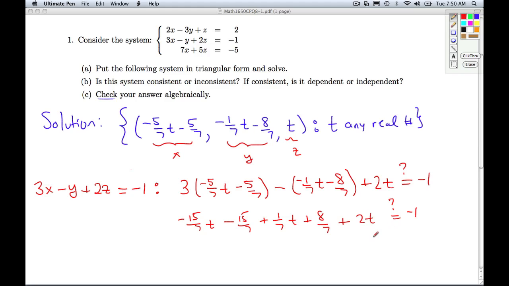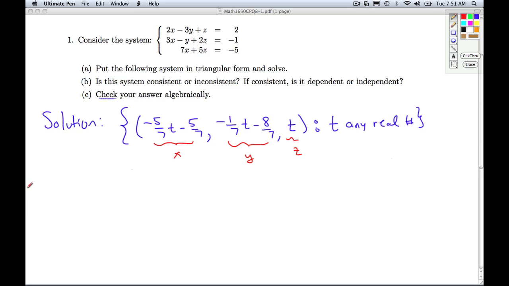That's supposed to somehow work out to negative 1. So looking at what's happening on the t front, I've got negative 15/7 t plus 1/7 t is negative 14/7 t, which is negative 2t. And there's the positive 2t there just waiting to kill it off. On the constant front, negative 15/7 plus 8/7 is negative 7/7. And sure enough, that's equal to negative 1. So that checks equation 2. One more to go.